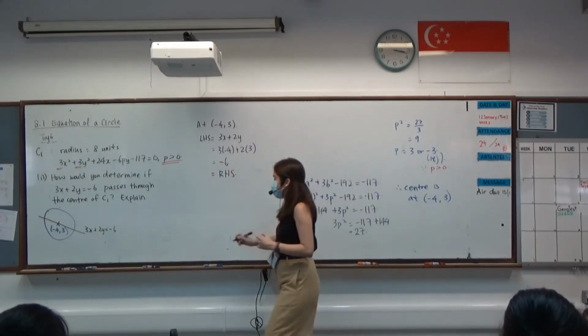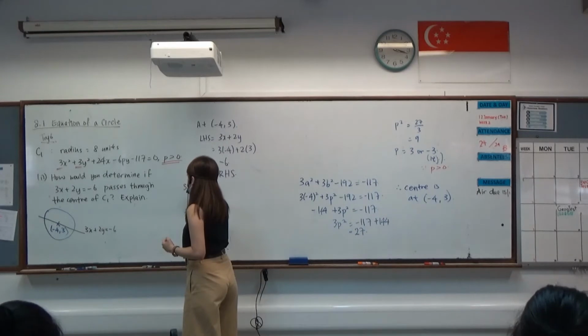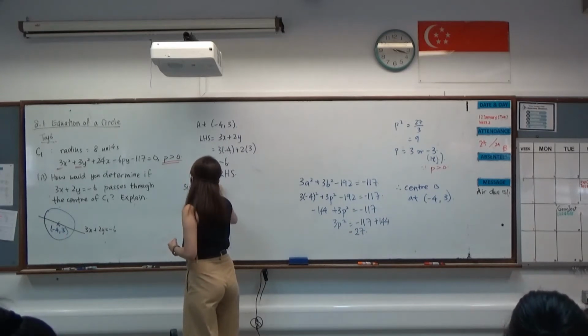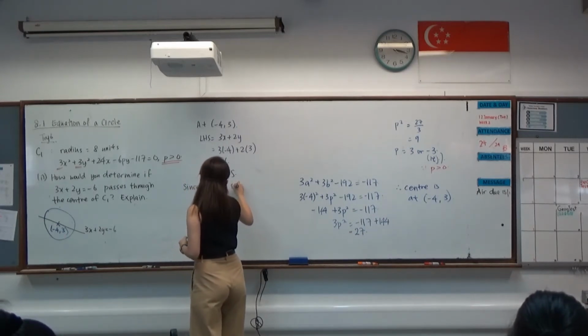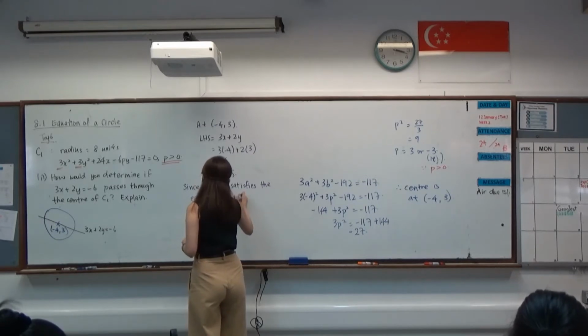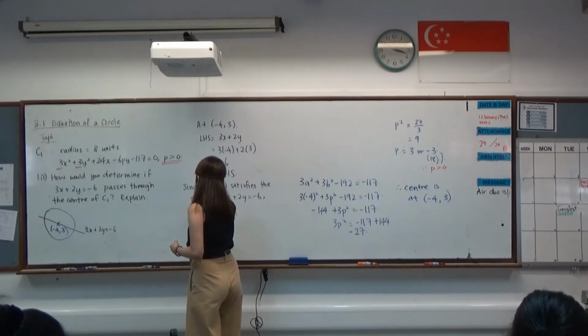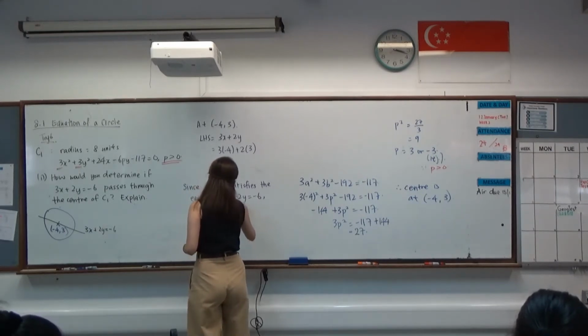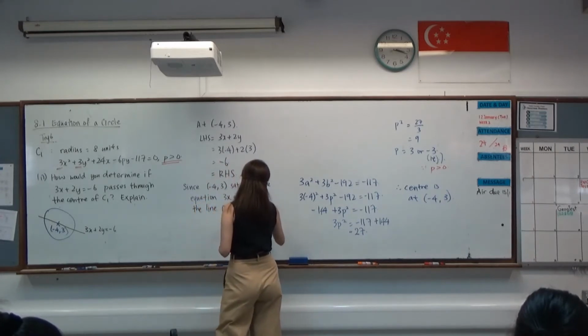So to explain, since negative 4, 3 satisfies the equation 3x plus 2y equals to negative 6, the line passes through the center.